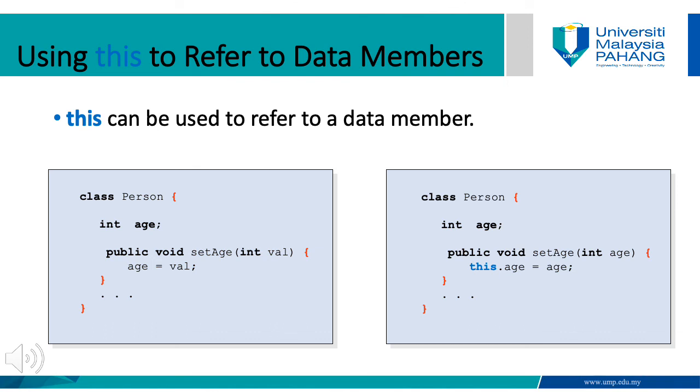For example, if you have a class named Person and you define the integer age, and then define the method in this class, public void setAge(int value), age equals value.